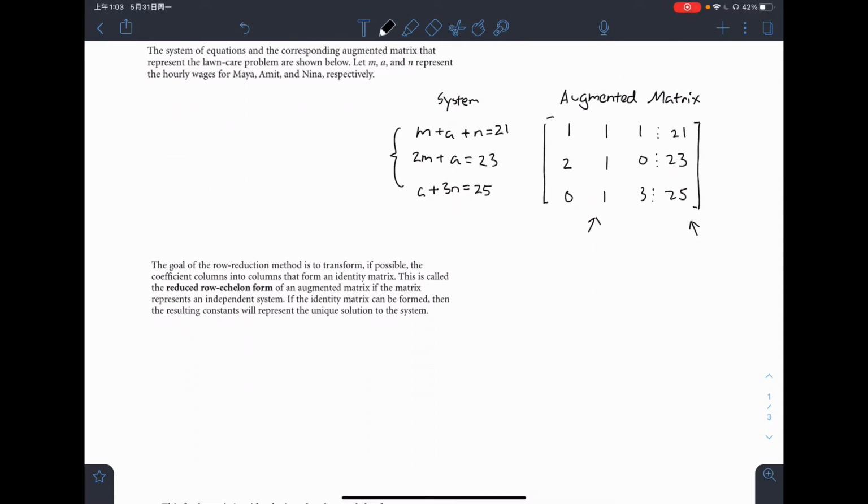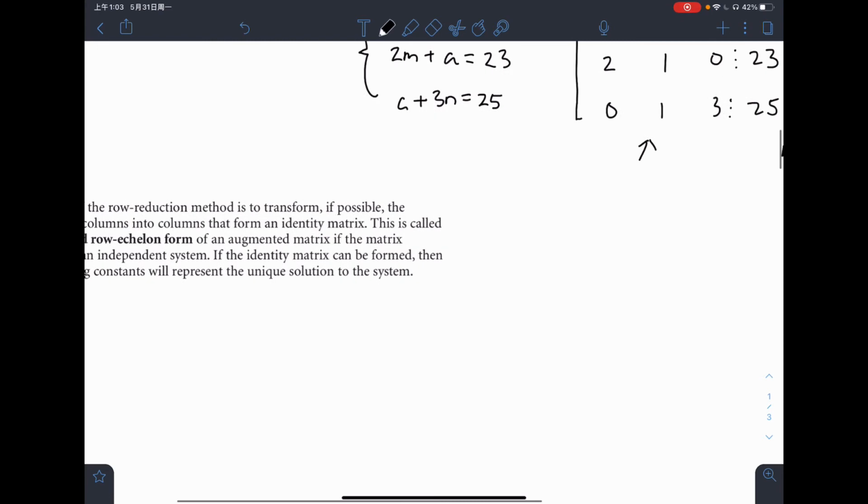The goal of the row reduction method is to transform, if possible, the coefficient columns into columns that form an identity matrix. This is called the reduced row echelon form of the augmented matrix if the matrix represents an independent system. If the identity matrix can be formed, then the resulting constants will represent the unique solutions to the system.